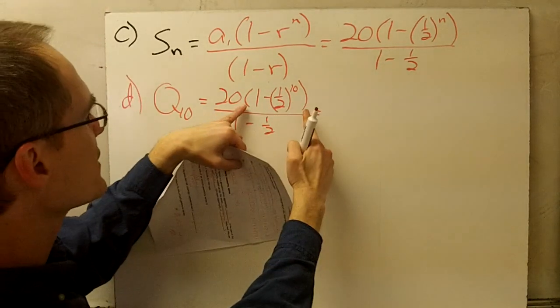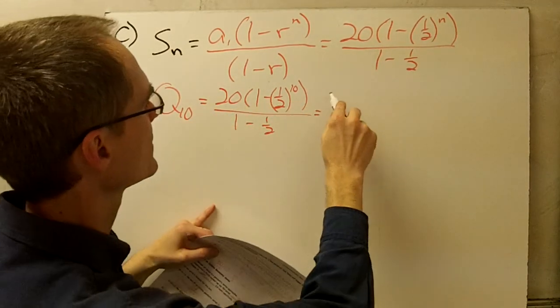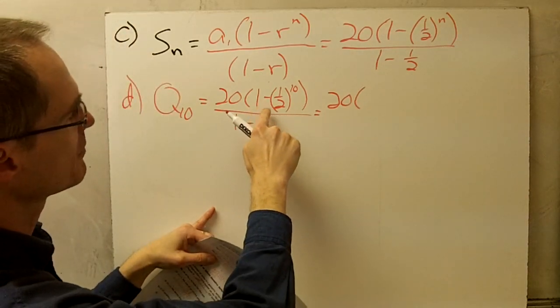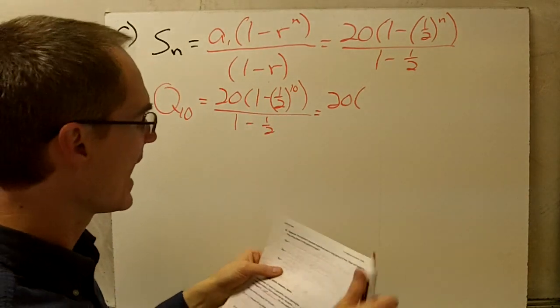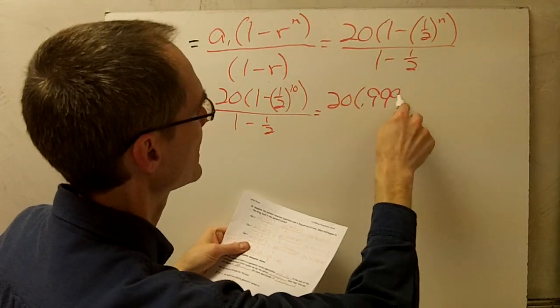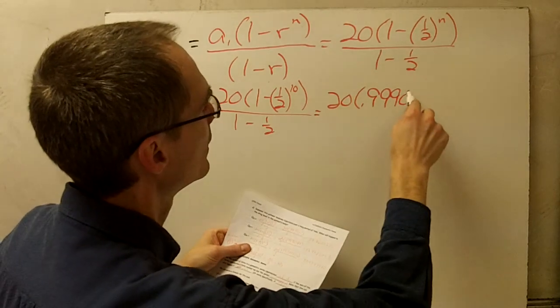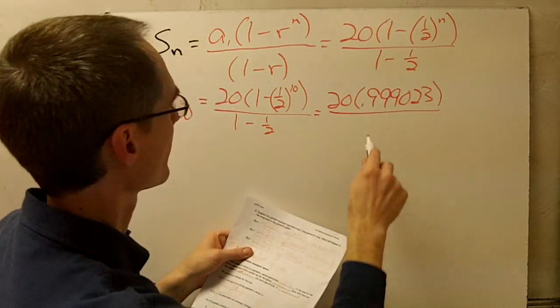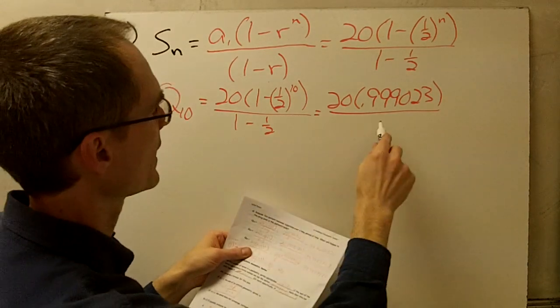And I'm going to evaluate this part here in the parentheses. 20 times, if I evaluate 1 minus 1/2 to the power of 10 with my calculator, I get a number that looks something like 0.999023, over 1 minus 1/2, which is 1/2.